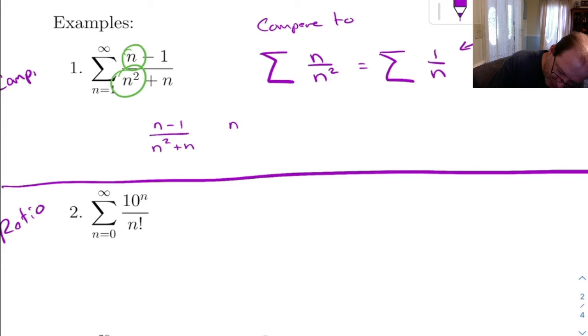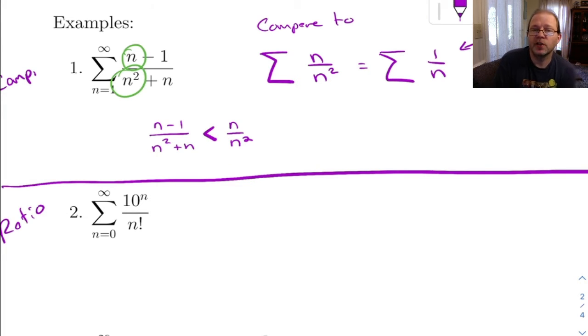We want to compare these two things here. This diverges. If this is bigger than this, then automatically that other one's going to diverge too. But unfortunately, this minus 1 on top and the plus n on bottom, both of those things make this smaller than this thing. So our inequality goes the wrong way.